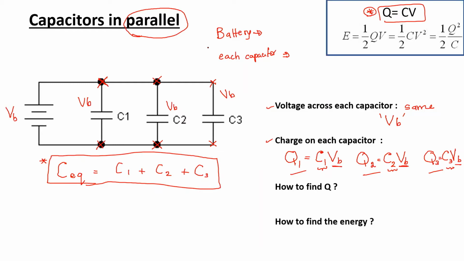All these charges were given out of the battery, right? These capacitors got this charge from this battery. So the total charge given out of the battery, Q total, is Q1 plus Q2 plus Q3.